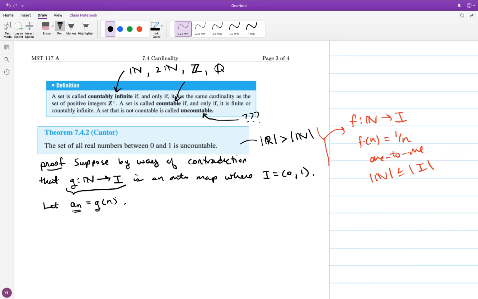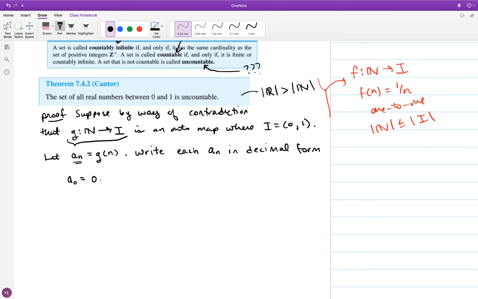And remember, this is an onto map, so every single number in this interval is some a_n. Now, the a_n numbers are real numbers, so they have decimal expansions. So a_0 is some real number in between 0 and 1, so it has a decimal expansion that starts with 0 point, and then it has a bunch of decimals. In order to name all those decimals of all the a_n's, I'm going to use a double index. So I'm going to write it like this.